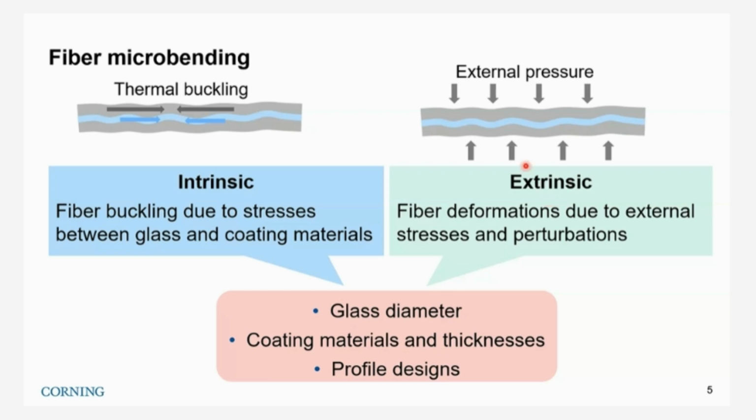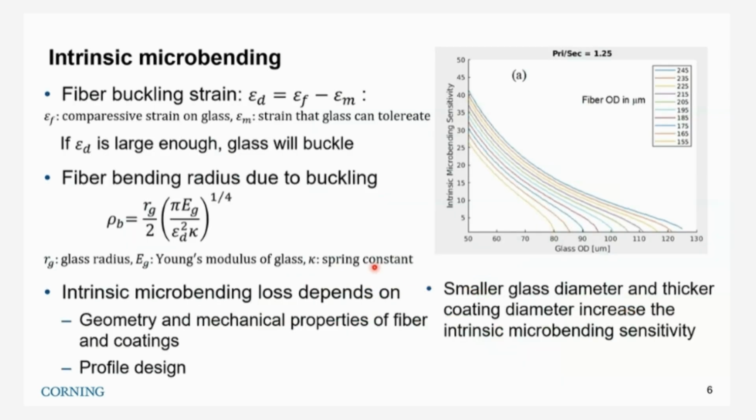The other type is extrinsic microbending. This is when you have external perturbations, you apply pressure or force, so the fiber can be deformed, causing the microbending issue. So for both types of microbending, the glass diameter, coating material and thickness, and the profile design can all affect the microbending performance.